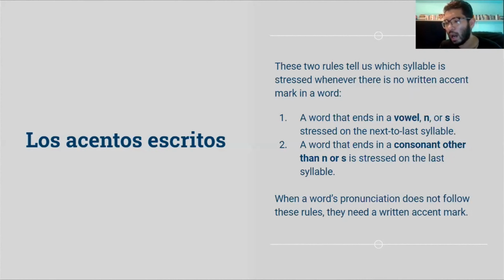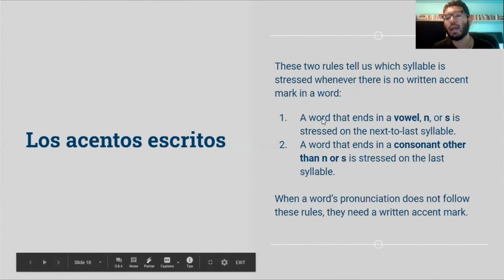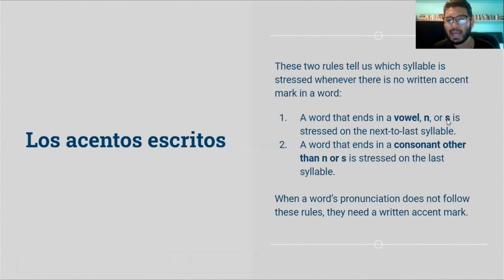We build those expectations based on two rules. A word that ends in a vowel, in the letter N or in the letter S, is stressed on the next to last syllable. So even just here, we have three words in the title of the slide: los acentos escritos.